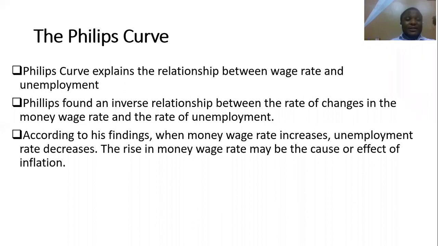He found out that there was an inverse relationship between the wage rates and the unemployment rate for that period. The wage rate he used was the growth rate in wages as against the unemployment rate.